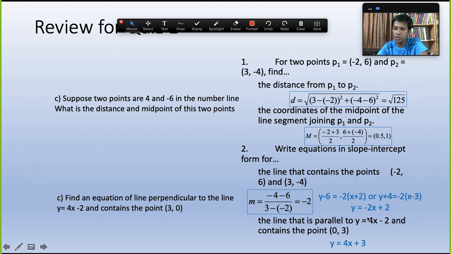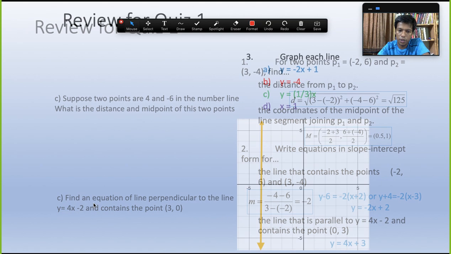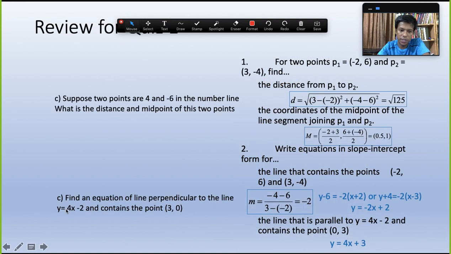If it is parallel, then the slope is the same, and if it is perpendicular, then the slope will be the negative reciprocal. In this case the slope is 4, and for the perpendicular, suppose if it is m1, then m2 will be minus 1 by 4.